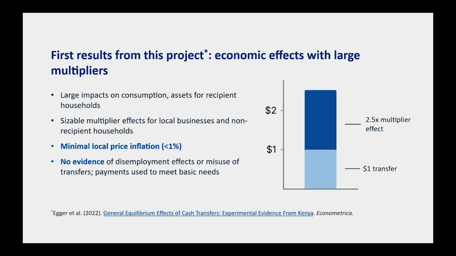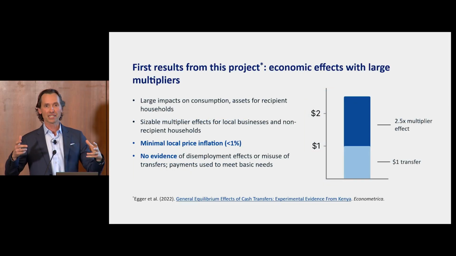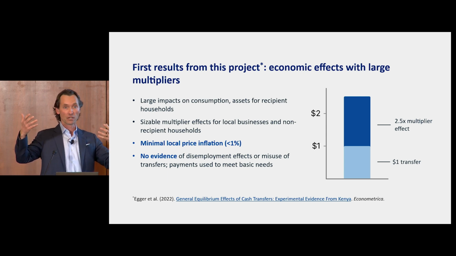Now, there are some concerns about programs like this, some concerns about cash transfers. There could be downsides. So one potential downside is inflation. That's a big issue in our country right now, the last couple of years, as everybody knows. There's a concern that if you put a lot of cash transfers into an area and a lot of people have more money and they're all trying to buy the same goods or the same products, it could bid up the price of those goods.